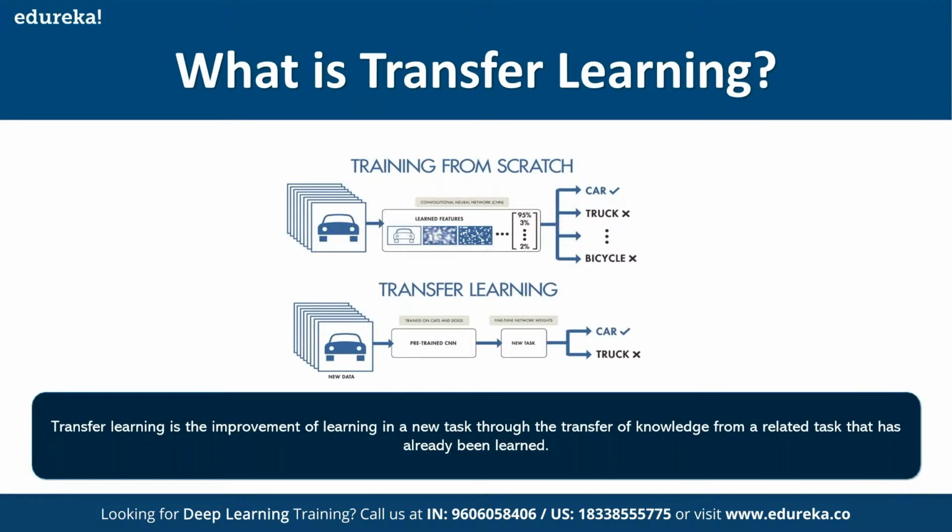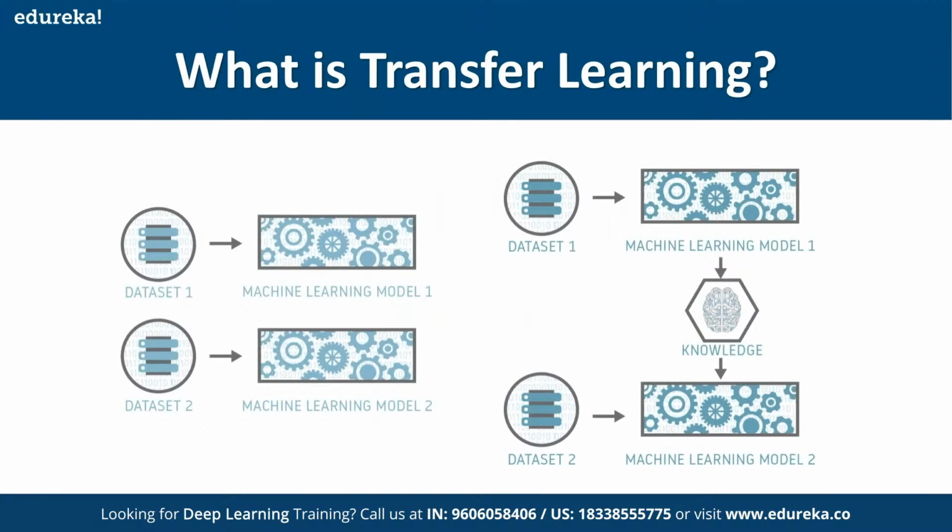In a traditional approach, suppose I have a data set 1, I'll train my model, and if I have a separate data set, I will just train independently on the second data set. That is the general approach. When it comes to transfer learning, I'll use data set 1 and build machine learning model 1.